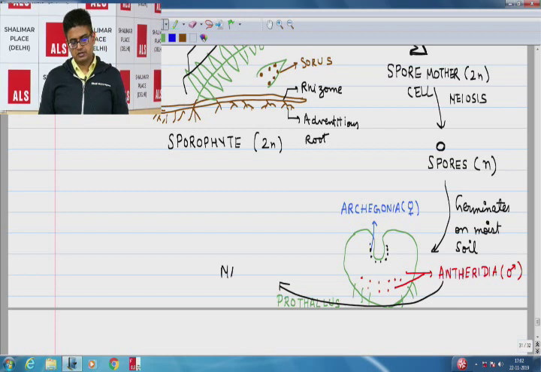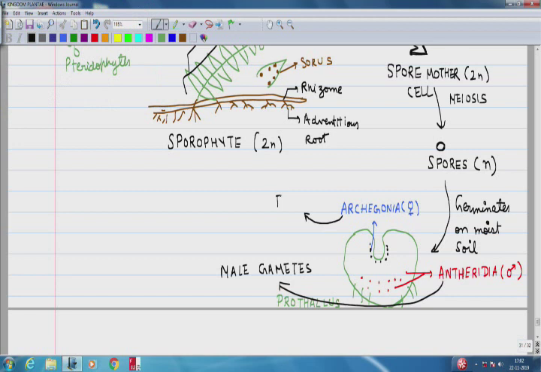Male gametes or antherozoids. Archegonia produces female gametes.